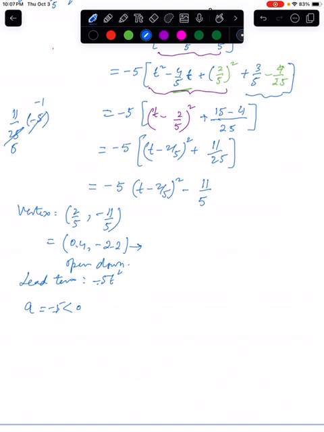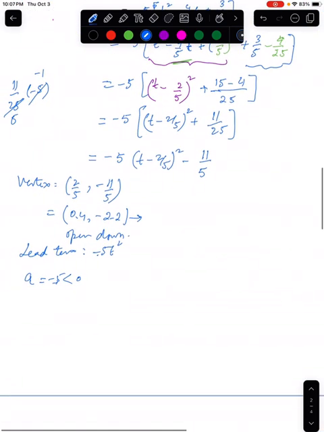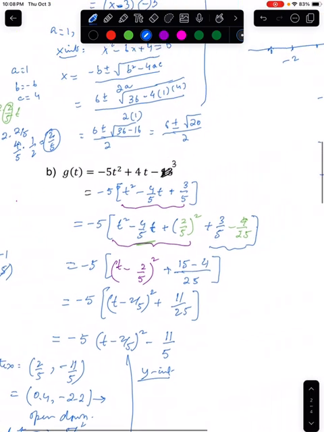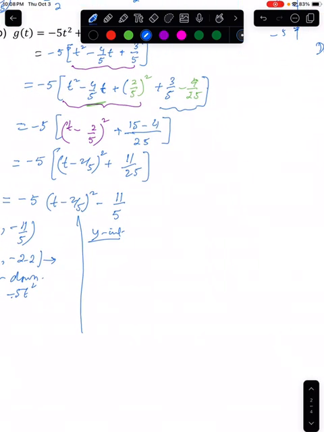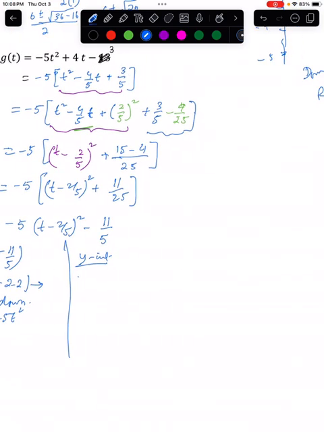What we do now is find the y-intercept, which is pretty easy: we just plug in 0 for the t. The t-intercept, similar to x-intercept, does not exist. So the y-intercept: y will be equal to negative 3.